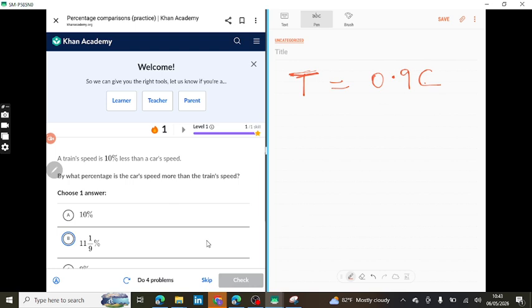Is that not what you say? A train speed is 10% less than a car speed. Now the question is, by what percent is the car speed more than the train speed?